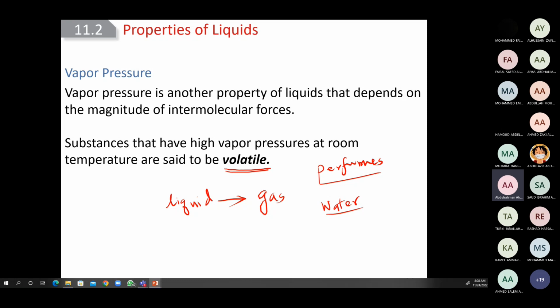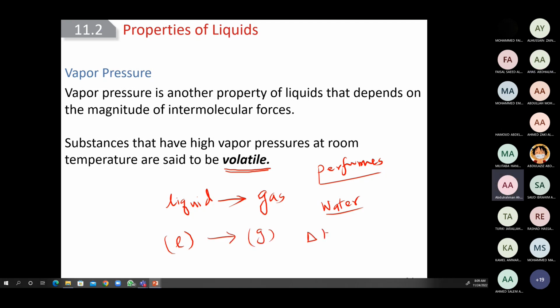Right. Good. All right. There is a relation between volatility and what do you think? The heat of the reaction. What's the enthalpy of the reaction? Of this reaction, liquid goes to gas.